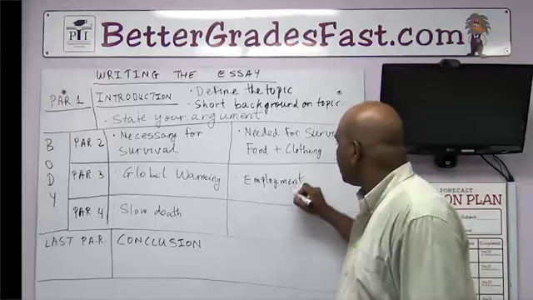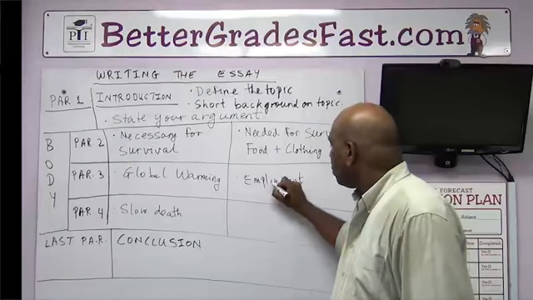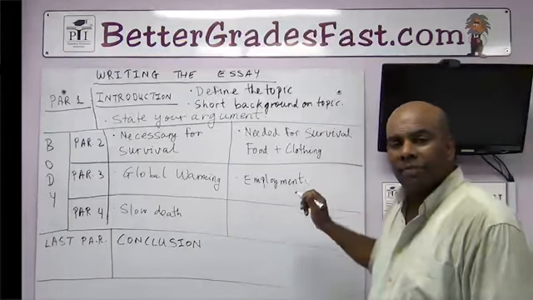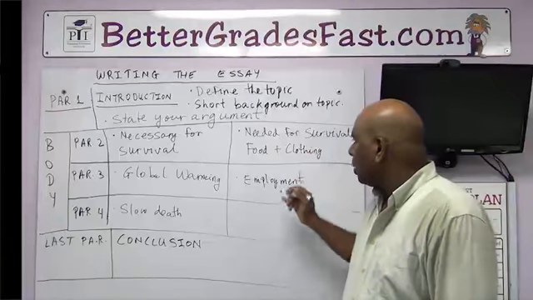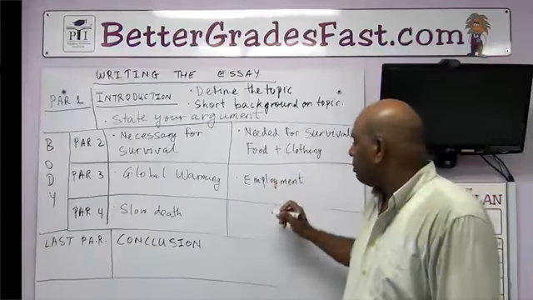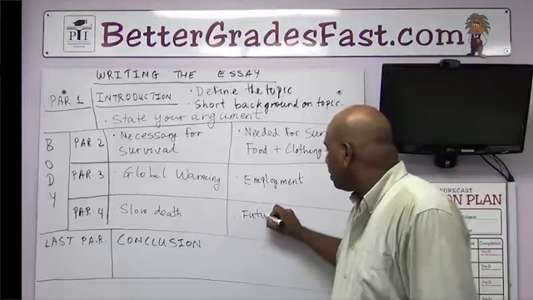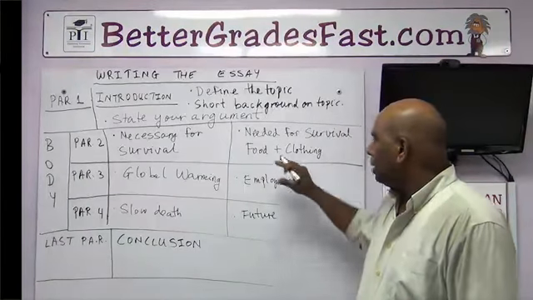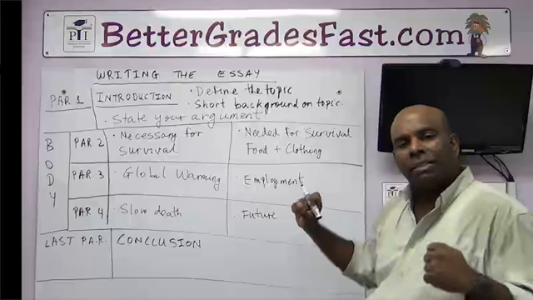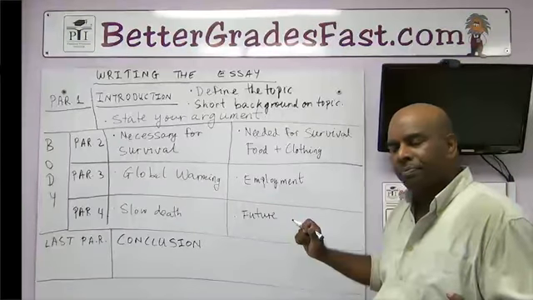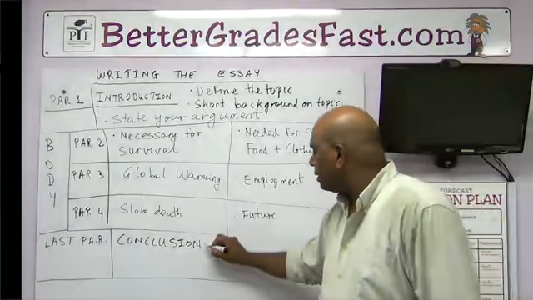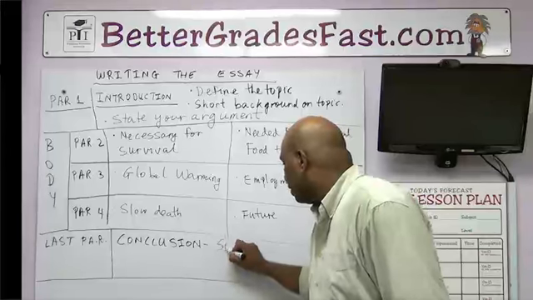People need to work. All right? We need to go out and earn a living. Industries provide that. We need industries because it's needed for the future. Okay? And these points we expand. We give an example. The conclusion is simply a summary.